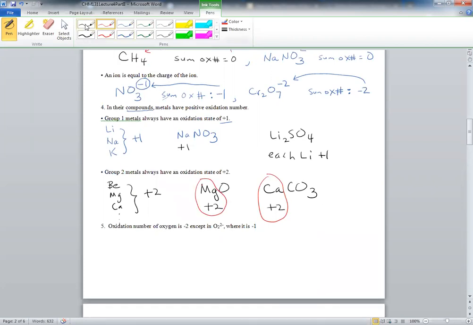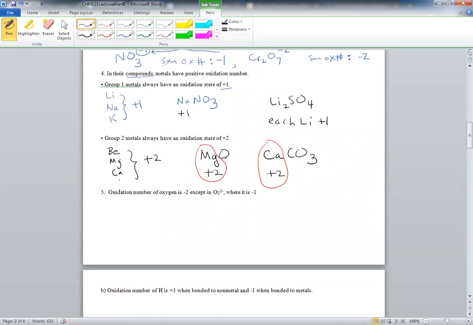Now, the oxidation number of oxygen is always a -2, except in peroxide, and we're not going to deal much with it, where it's -1. So these are special cases. But anytime you see O, then that's going to be a -2. So if I have CO2, then you know for sure that each O is -2.